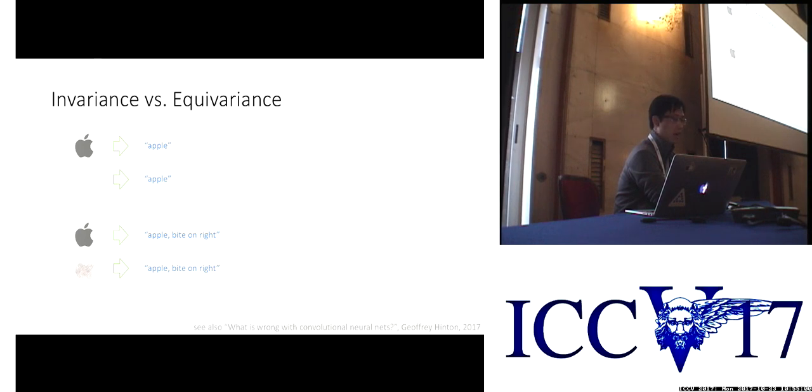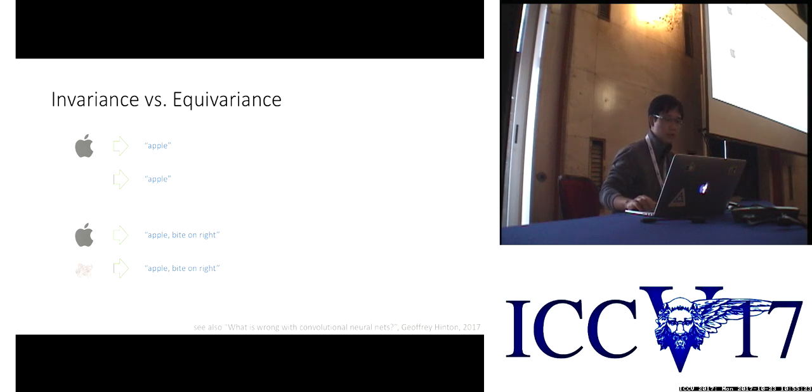So the label of apple is the invariance of this example. In the second example, we can have a slightly more fine-grained invariance. For example, people can say this is an apple, and this apple has a bite on the right. But it is still kind of an invariance.